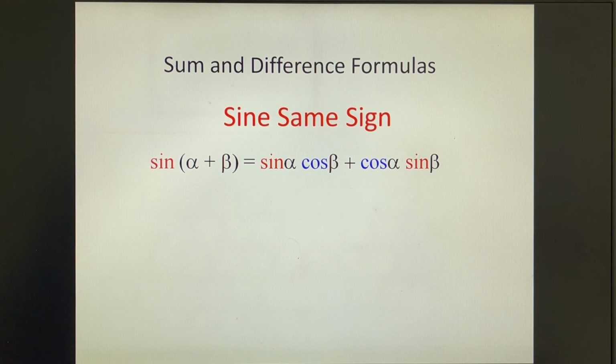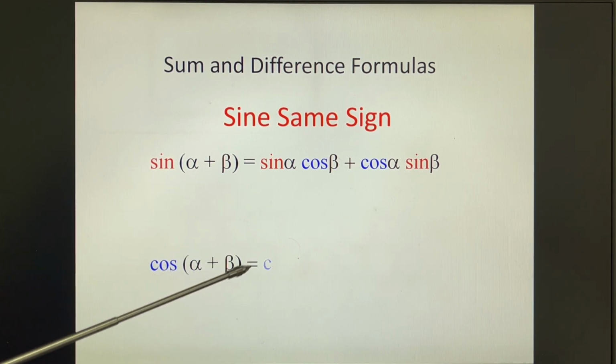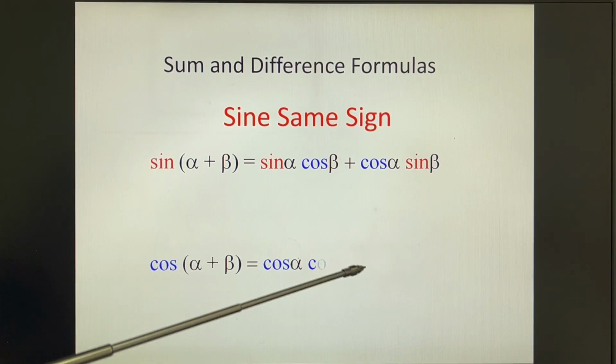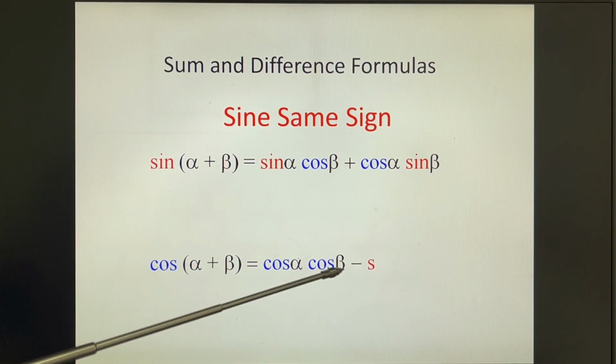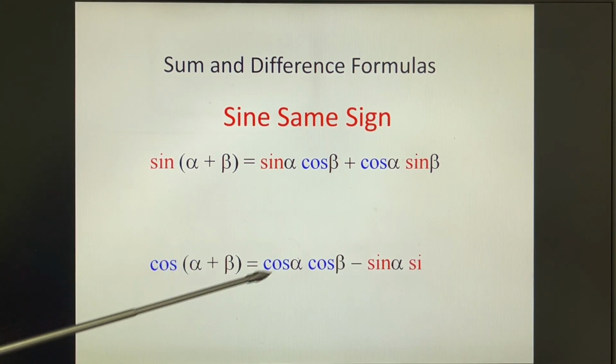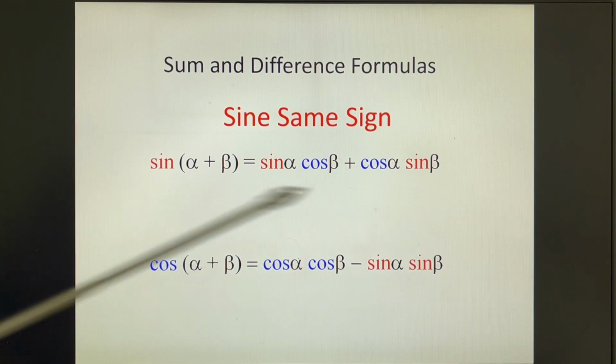This is how I remember it. Sine, same sign. Cosine is different. Cosine alpha plus beta equals different sign and same function. Minus, plus. Cosine, cosine, sine, sine.